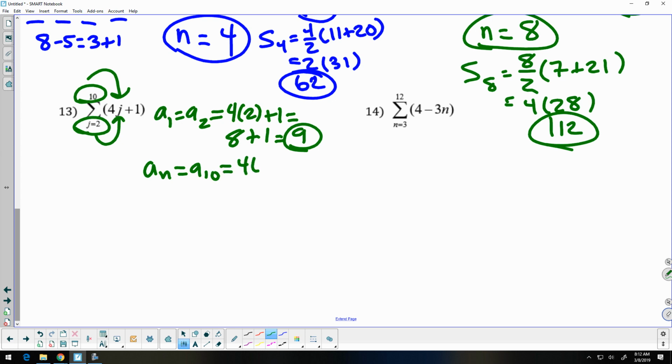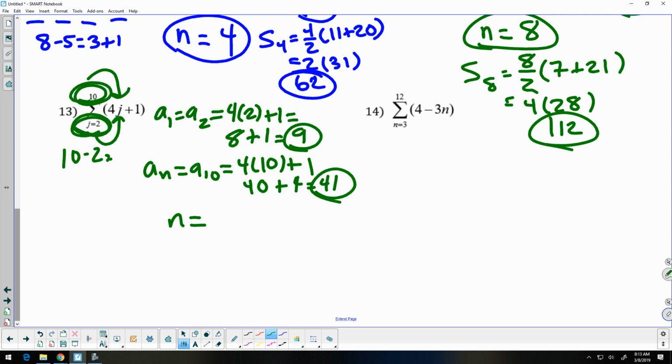So doing 4 times 10 plus 1, which is going to be 40 plus 1, and that's going to be 41. There you go. Last thing now, how many terms are we talking? So what's n going to be? So again, going from 2 to 10, well, 10 minus 2, that's 8, but plus 1 more, that's 9.